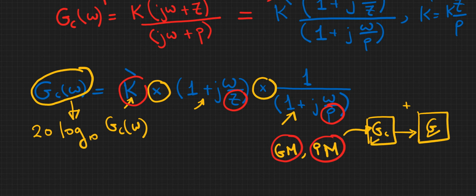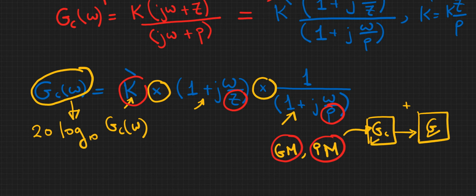Like we talked about in the PID controller, we had the proportional, integral, and derivative gains. So we tune those gains in order to achieve certain characteristics. Same thing here. We have the location of the zero, the location of the pole, and the gain, and we tune these in order to obtain a certain gain margin and phase margin, or certain stability margins.